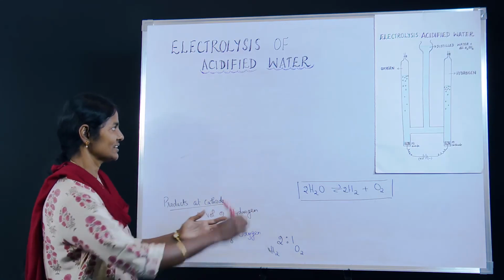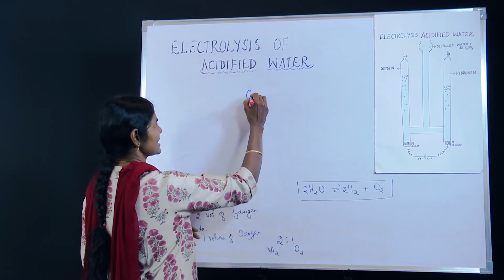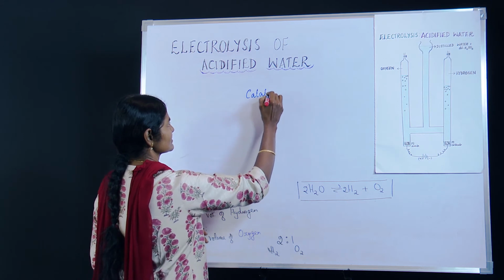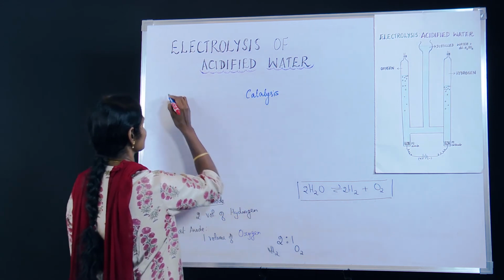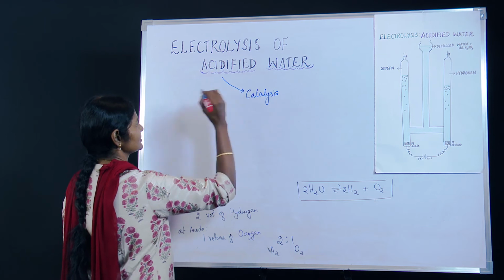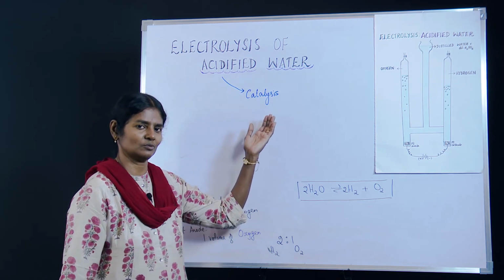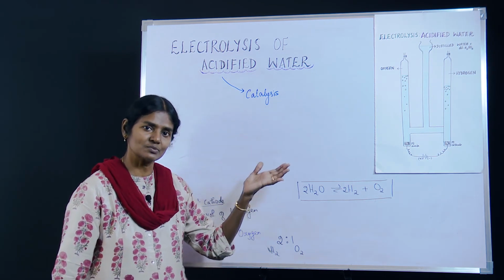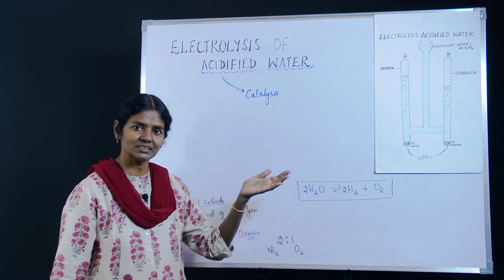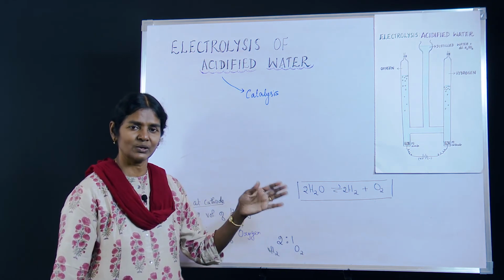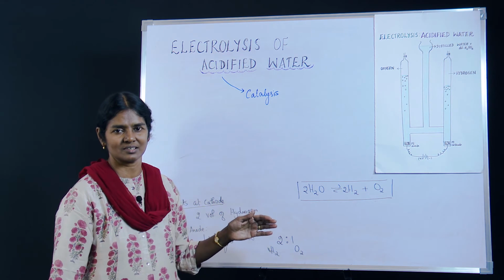Electrolysis of water is an example of catalysis. How do you say that? What is a catalyst? A catalyst is one which will alter the rate of the reaction without undergoing any change in mass.